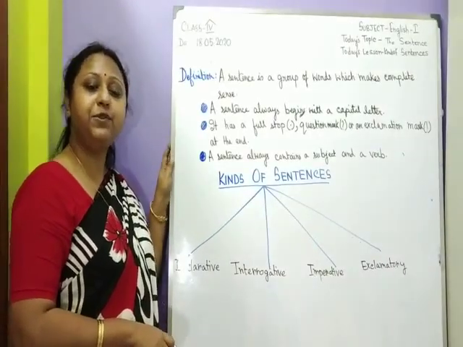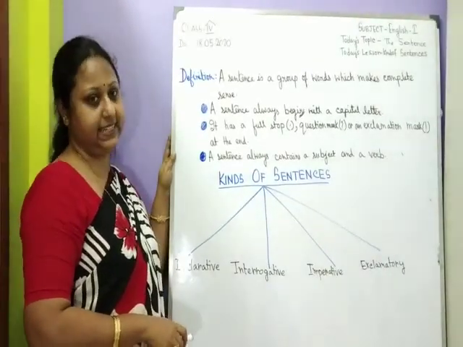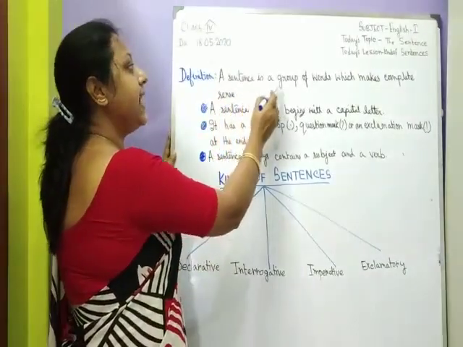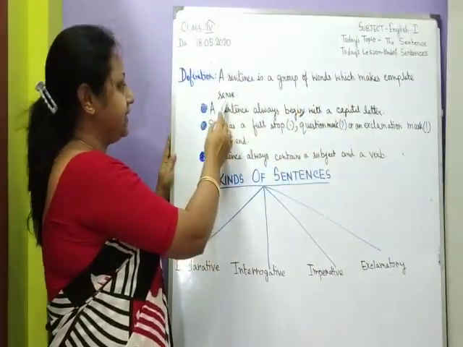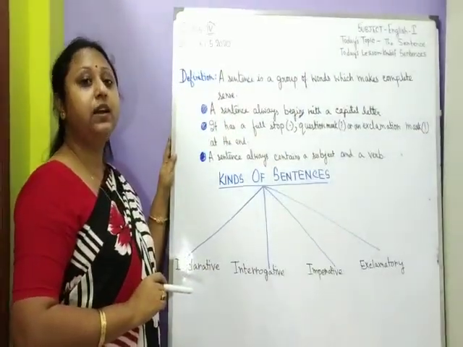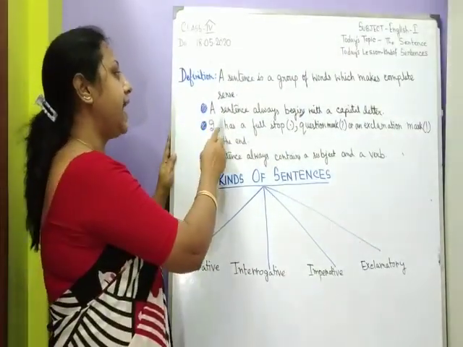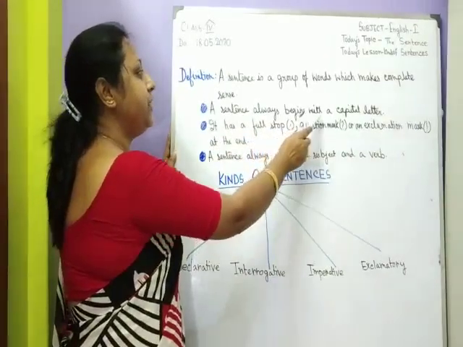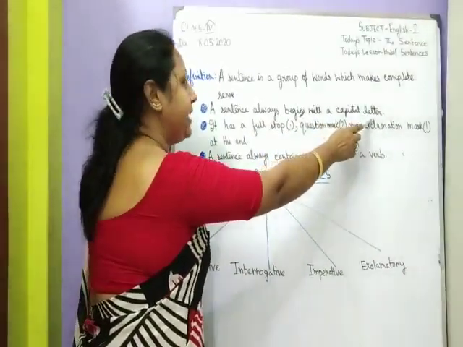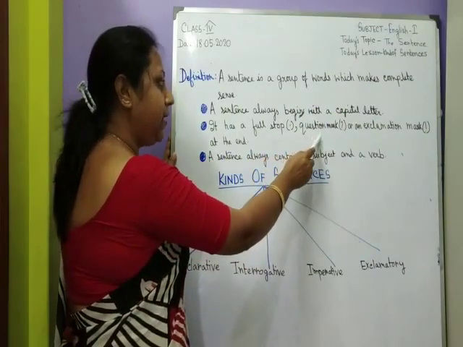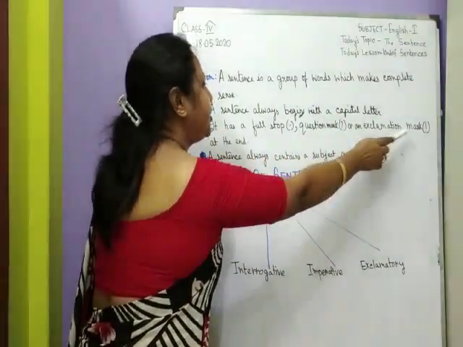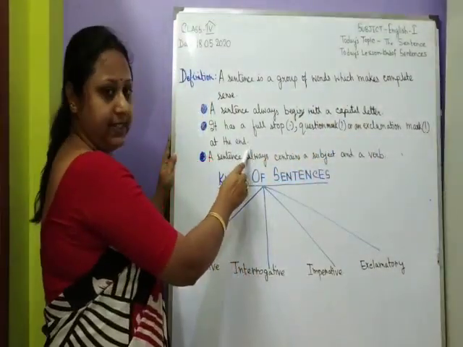Now, let us come to the definition of a sentence. A sentence is a group of words which makes complete sense. We must remember that a sentence always begins with a capital letter. It has a full stop, question mark, or an exclamation mark at the end.